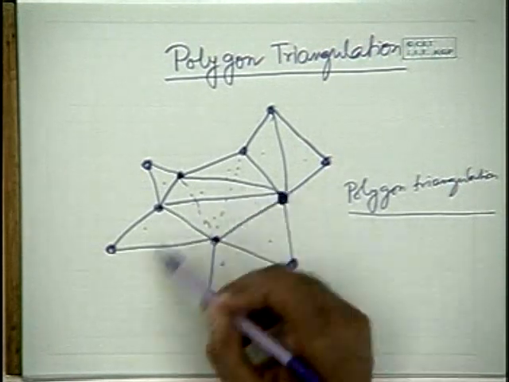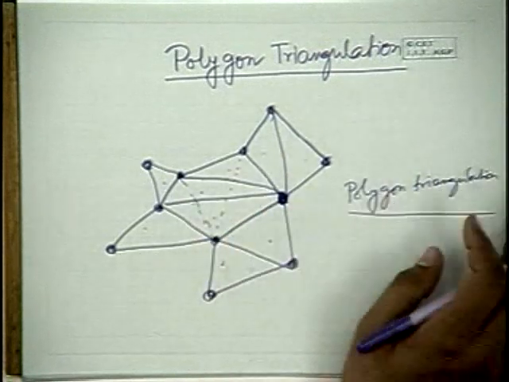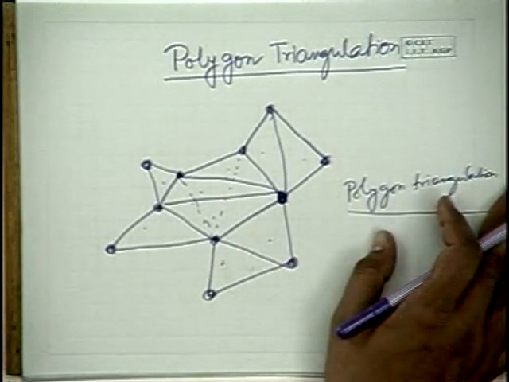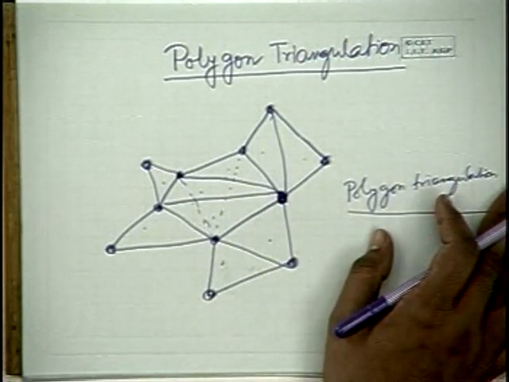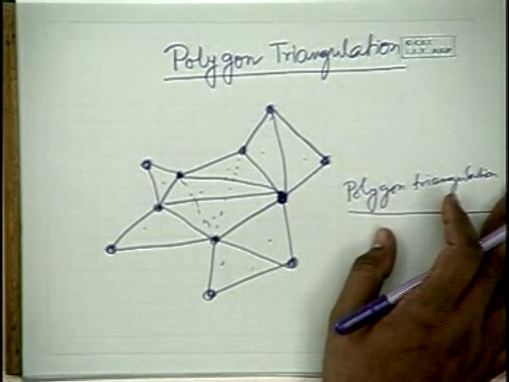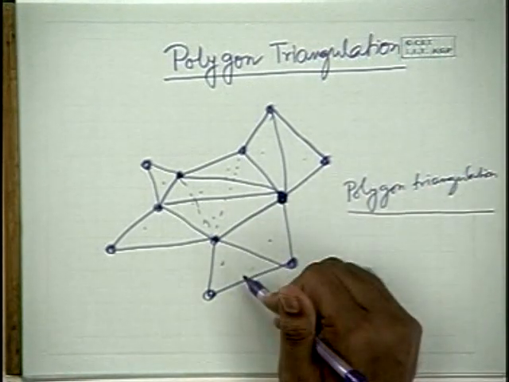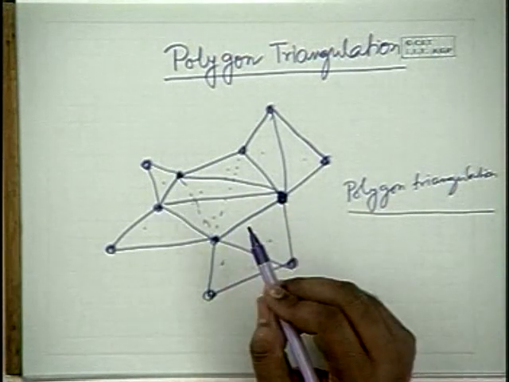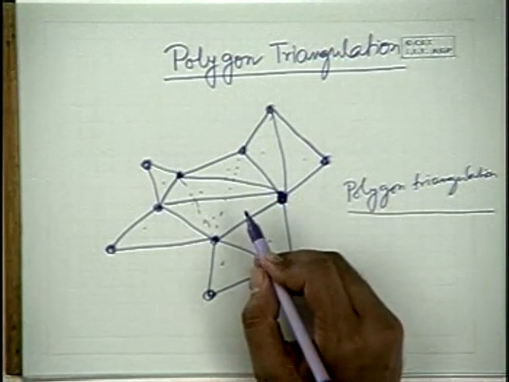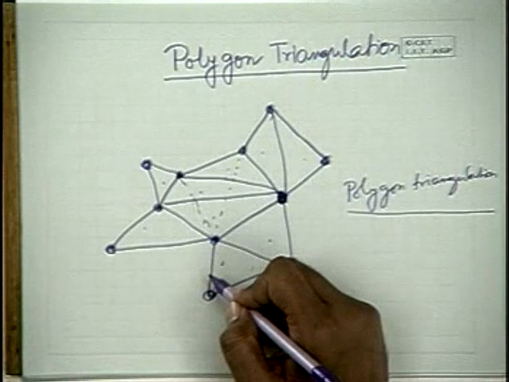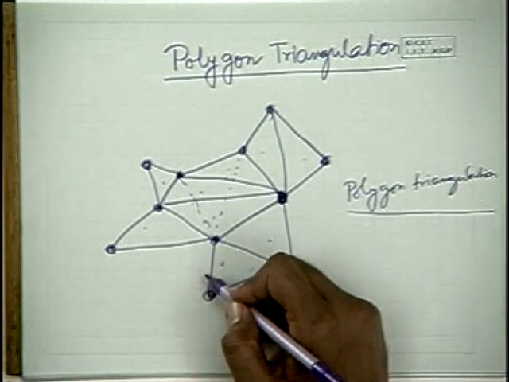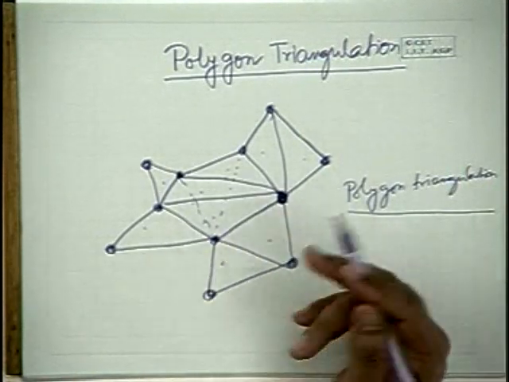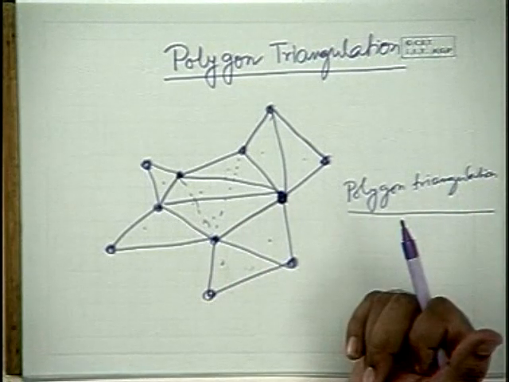Now suppose among all possible triangulations somebody wants to optimize something. Suppose I want to optimize, say, the area of the triangle. Given a triangulation, look at the maximum area of a triangle. Now among all possible triangulations, each one will return a maximum area of a triangle.